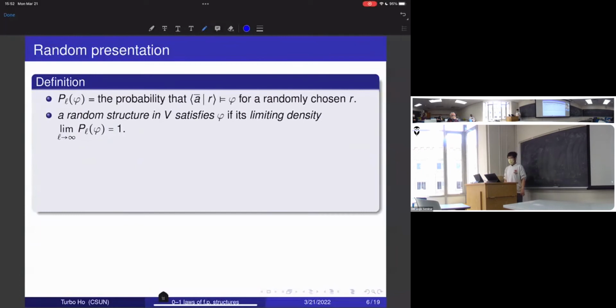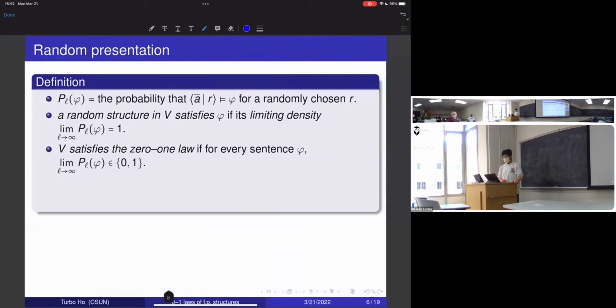And then the definition follows naturally. You say a random structure in this variety satisfies this sentence P if P_L of P equals 1, right? So the limiting density actually equals 1, and you say it satisfies not P if this equals 0.